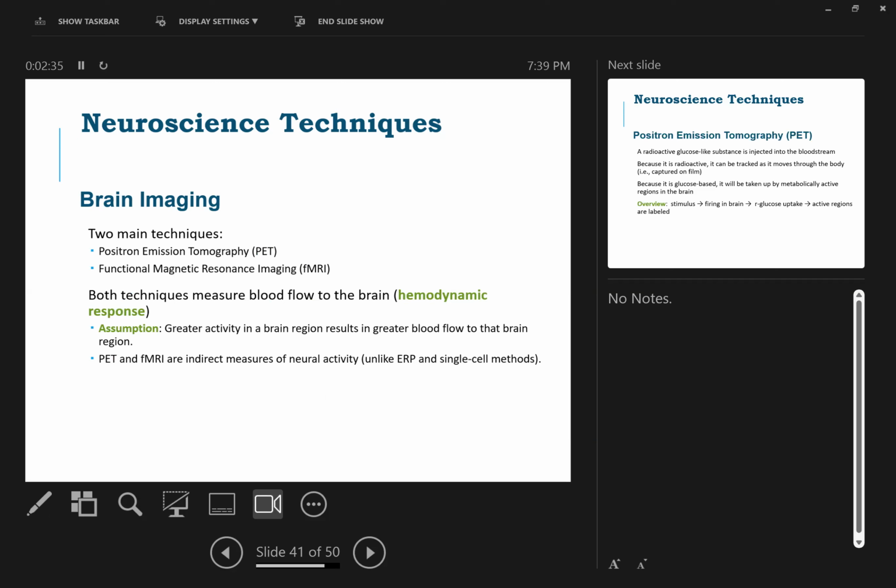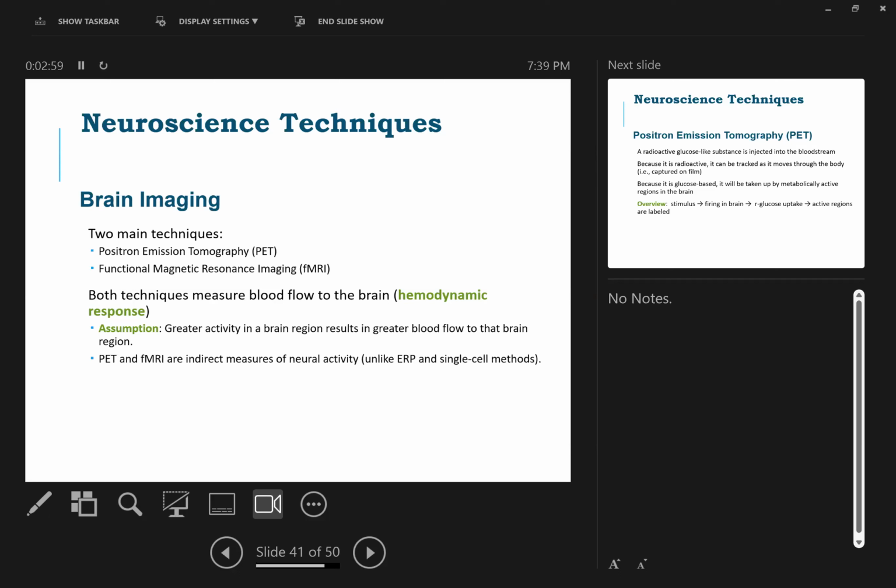And the assumption or the finding is that, well, in order for the neurons to communicate, they need energy. All those ion channels that we talked about, they take a lot of energy to function. Pumping the ions in and out takes a lot of energy. It takes a lot of glucose for them to function.